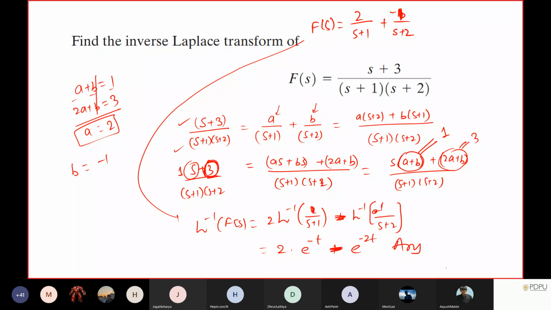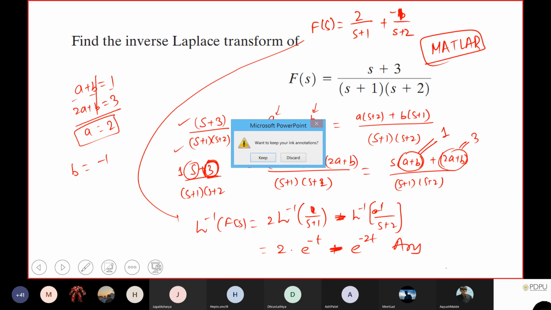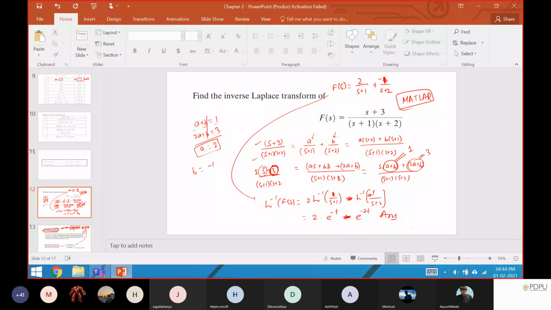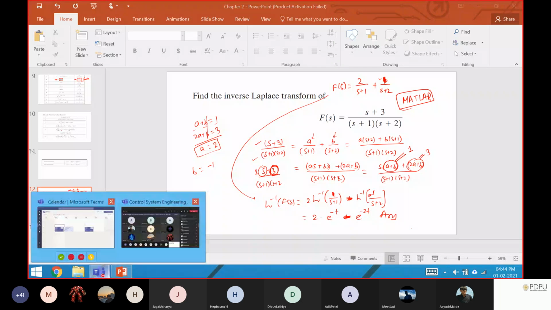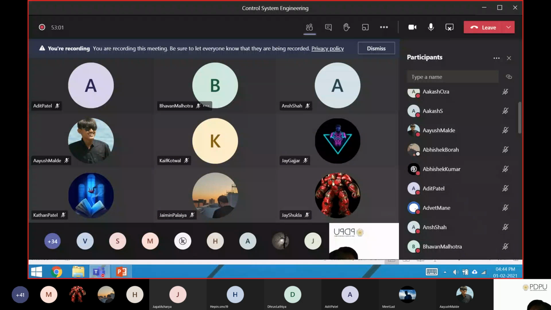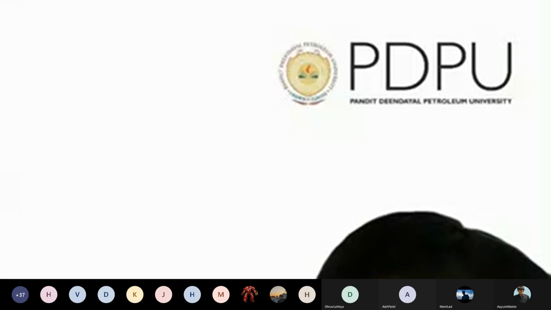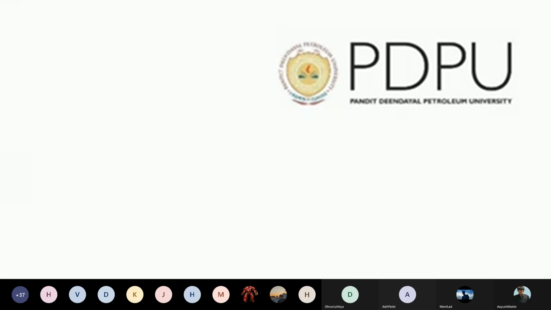Now quickly I will show how you can do it in MATLAB also. Just bear with me for 2 minutes. I'll see how far I can reach. I'm joining from my laptop. Okay, are you able to see my screen?